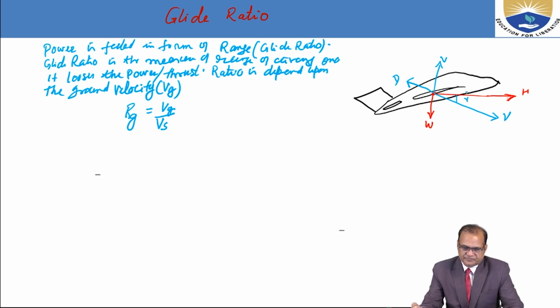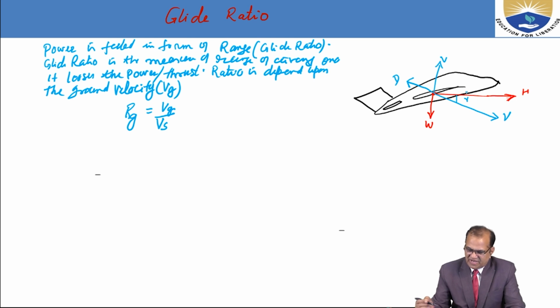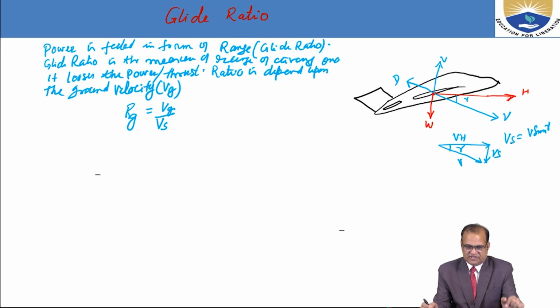So if we make a triangle like this, this is the sink rate Vs, this is your velocity V, and this is your Vh, and this is the gamma. So Vs is equal to V sine gamma, in the negative direction.